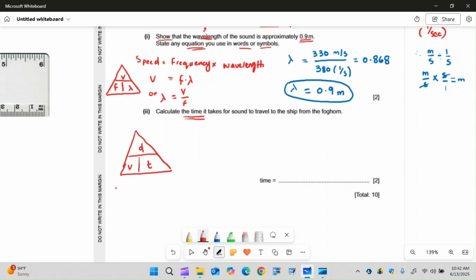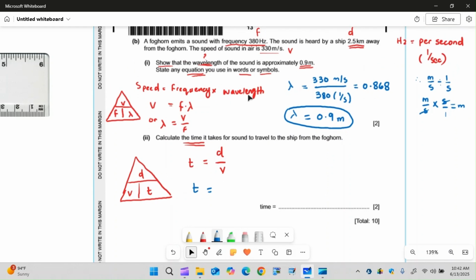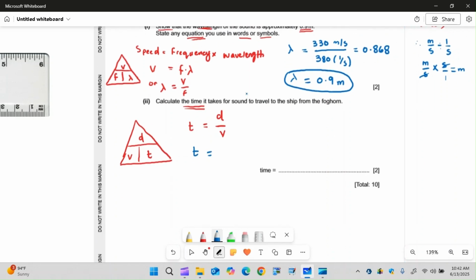So here I can just say time is equal to distance divided by speed. So distance here is, I think it was given, 2.5 kilometers, and speed is 330 meter per second. Here is a very important point that we need to understand.